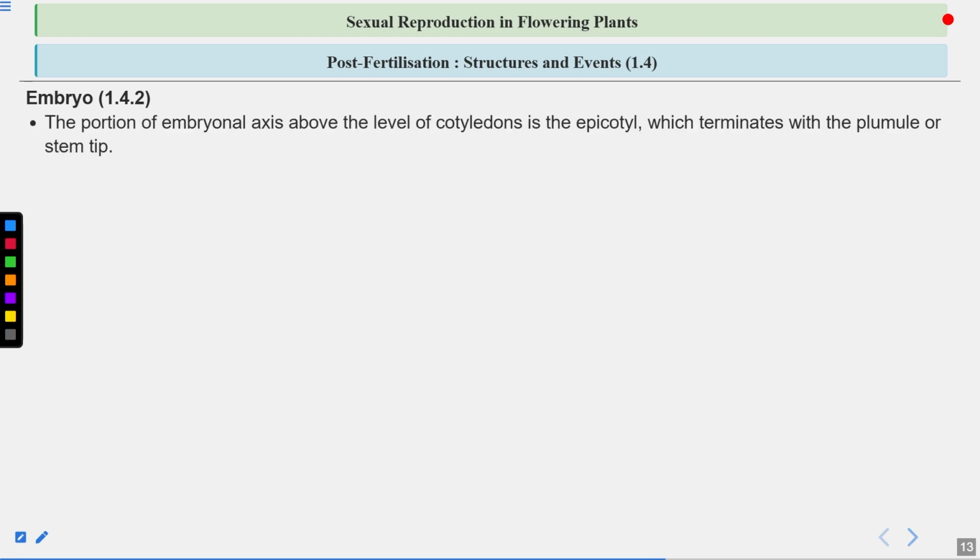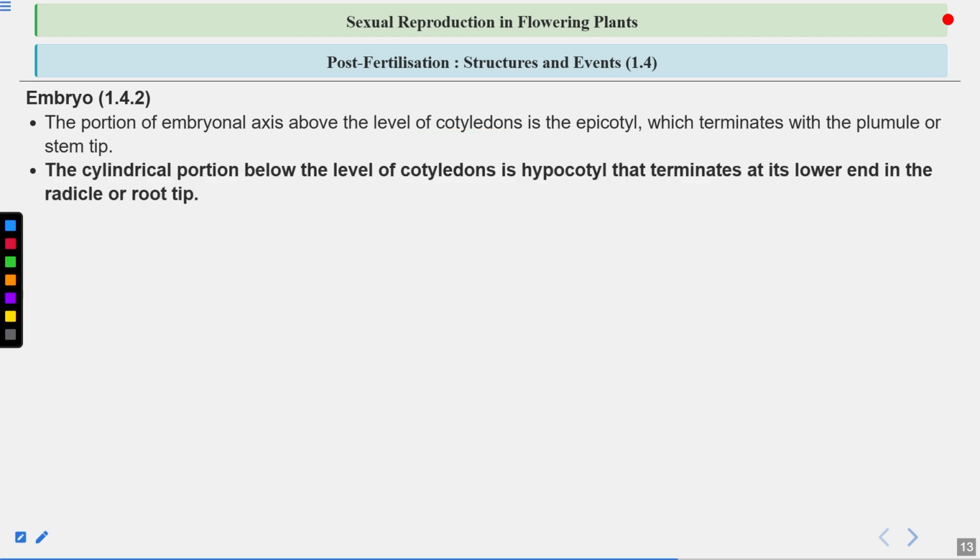The portion of the embryonal axis above the level of the cotyledons is called the epicotyl, which terminates with the plumule, or the stem tip, right?